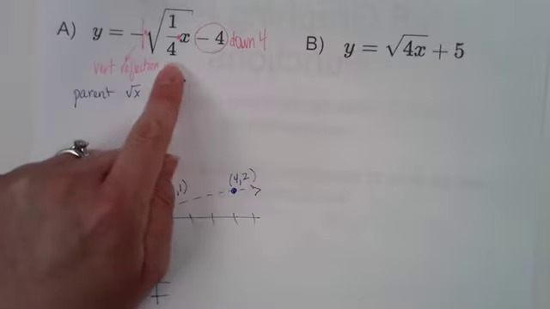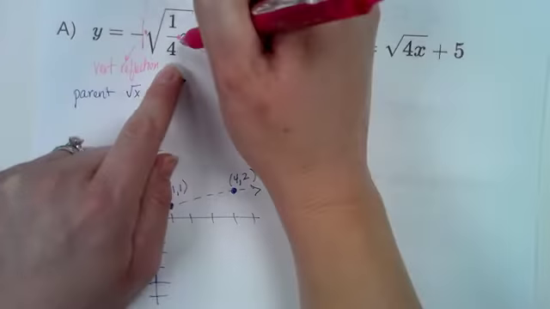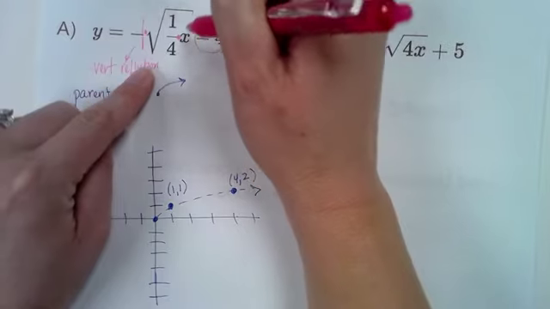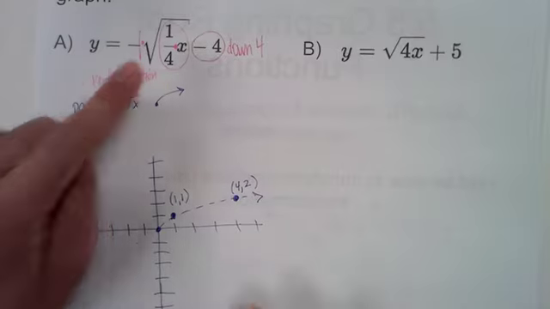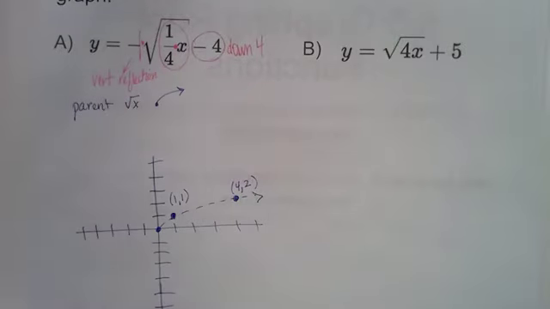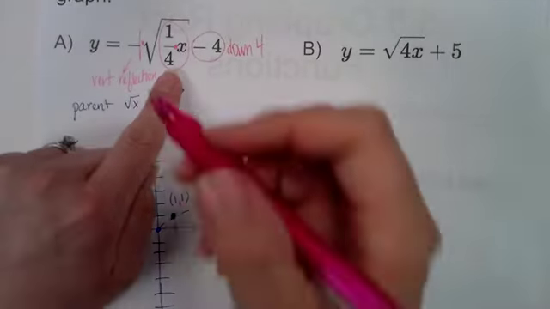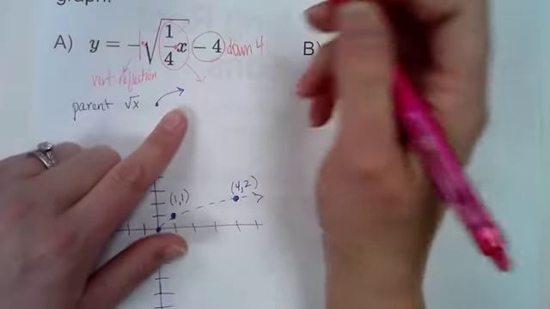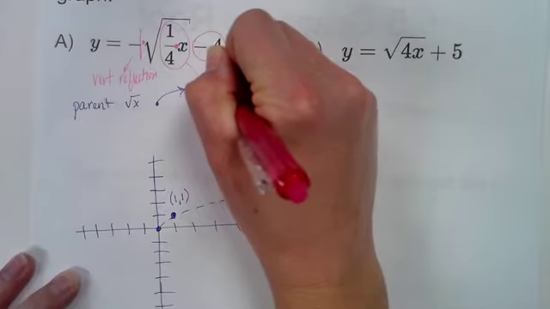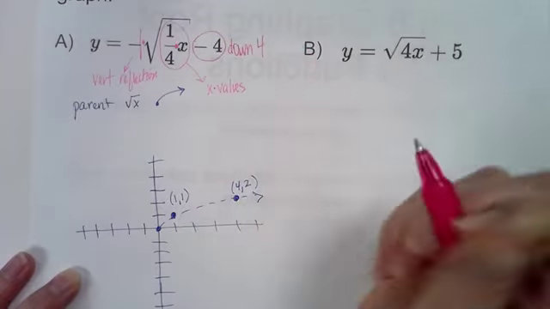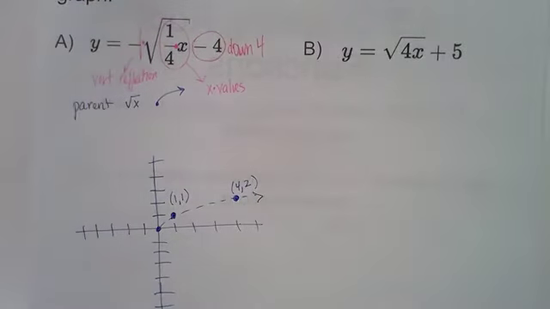Now, let's talk about this transformation here. We're going to do them in steps. This transformation, this 1/4, is it inside or outside? It's inside with x, right? So that 1/4 is definitely going to affect the x values. And that's really important to understand. And remember, everything with x is always opposite what we think it does.